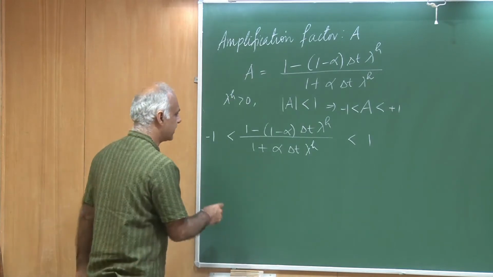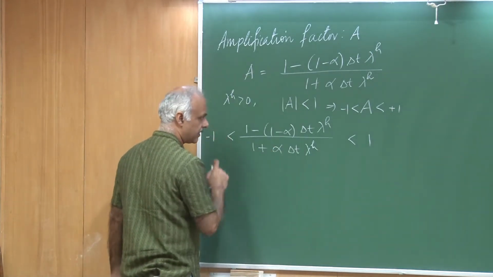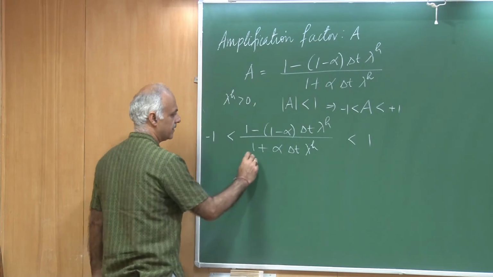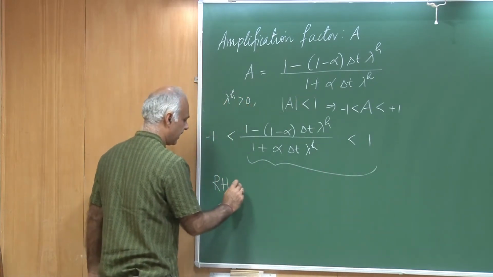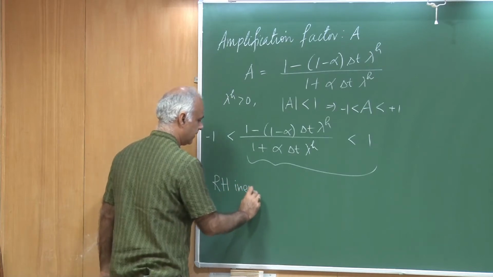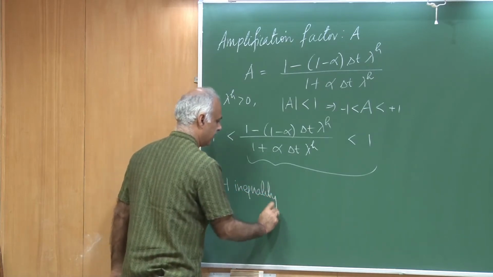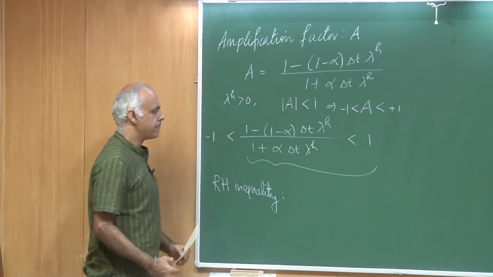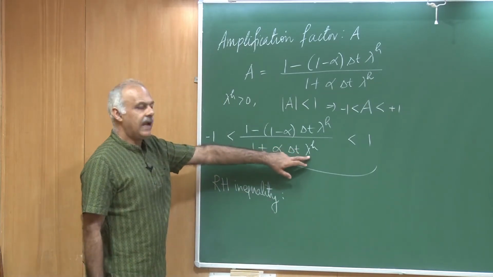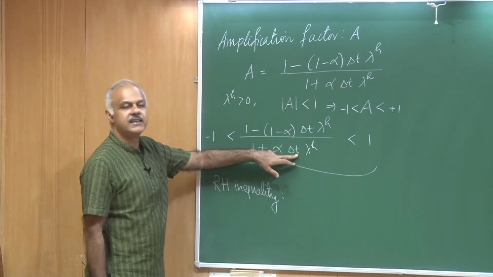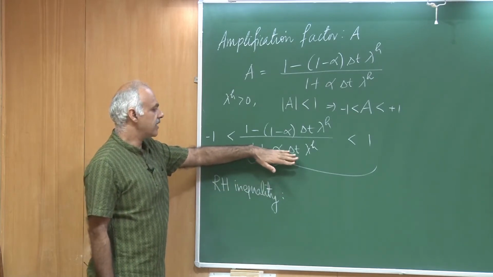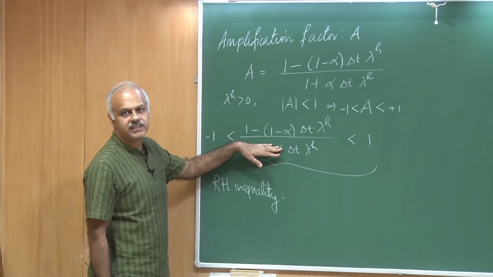So, first let us look at the right hand side inequality. Lambda is positive, alpha is a positive number, delta t is positive. So, the denominator is always going to be larger than 1.